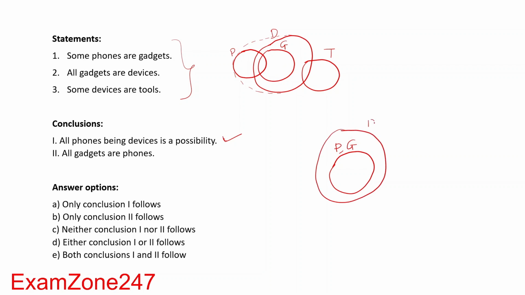Let's say this is devices and these are the tools, and I will say P equals G. Here all gadgets are phones, I have made this value the same. In this condition this holds true, but in the other condition this holds false. So this is a can't say or uncertain type of situation.